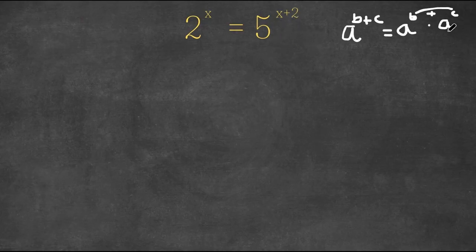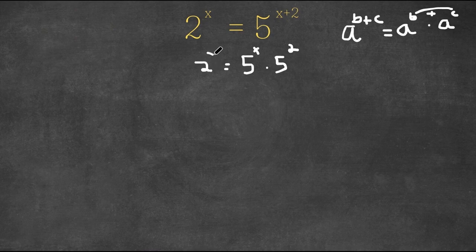So 5 in this case is a, right? So we have 5 to the power of b. B is x, times 5 again to the power of c, which is 2. And this is still equal to 2 to the power of x.